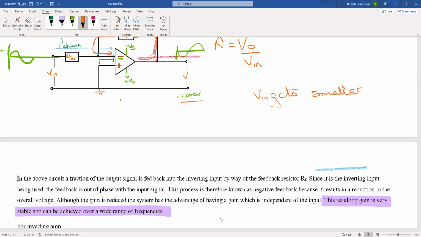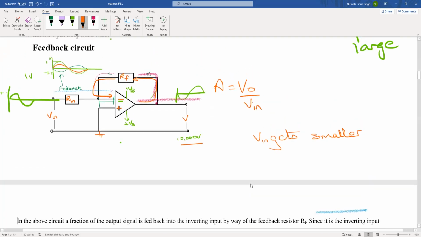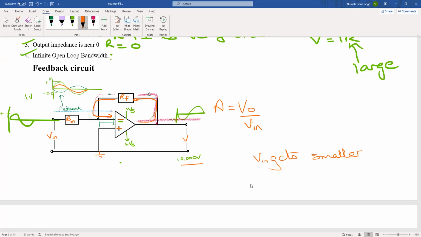So even though the gain is reduced, the system has the advantage of having a gain that is independent of the input. This resulting gain is very stable. Usually the gain that we looked at before was a result of just the amplifier, meaning the component itself.